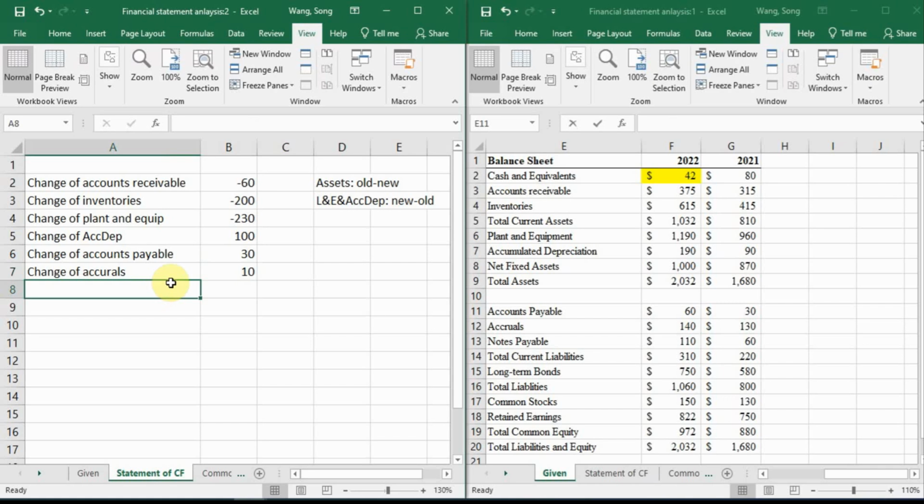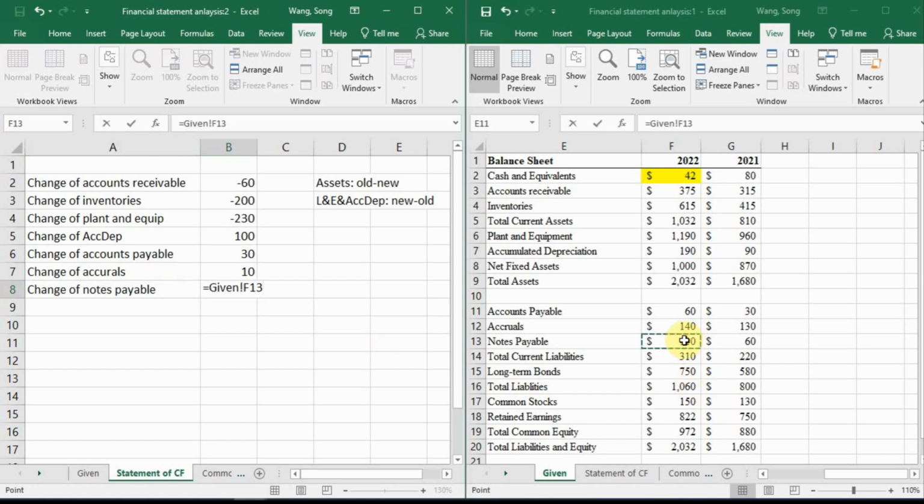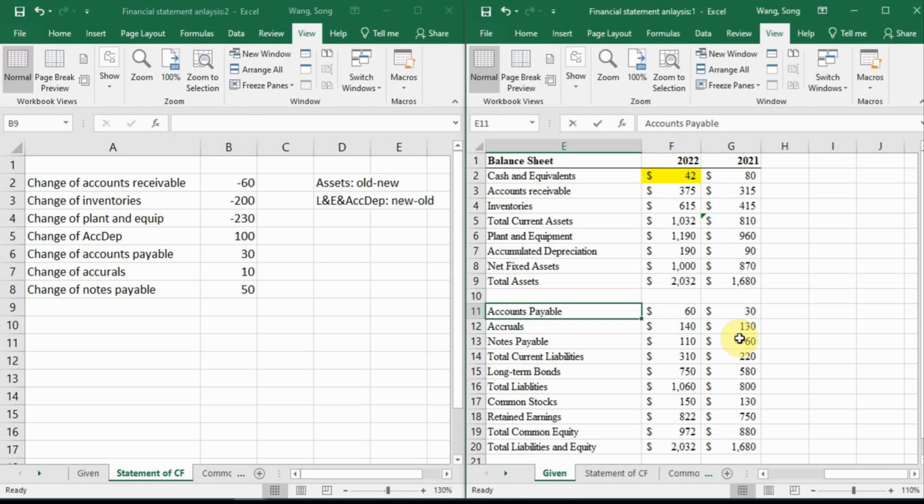And the next one is the change of notes payable. That's a liability, and again, it is new minus old. You will see that my notes payable increased from 60 to 110, meaning I have issued more notes. I have borrowed more money. So that means I have more cash due to the borrowing.